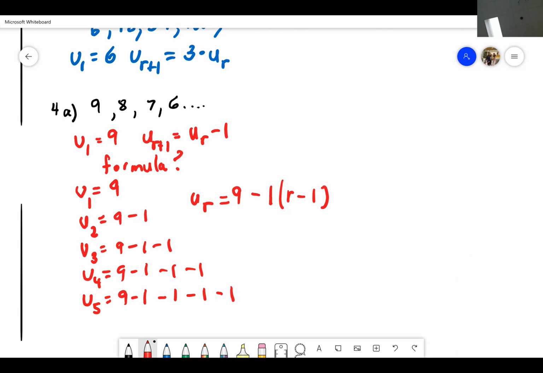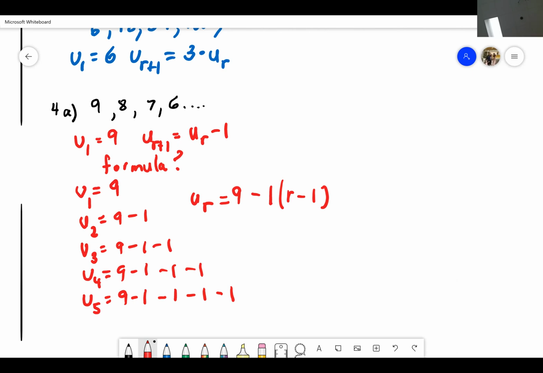If you put 2, you got 2 minus 1, which is 1, and 1 times negative 1 is just negative 1, 9 minus 1. If you put in 3, 3 minus 1 is 2. And 2 times negative 1 is negative 2, 9 minus 2 is 7. Do you see that? You have to follow along.